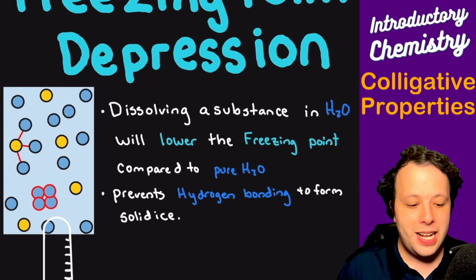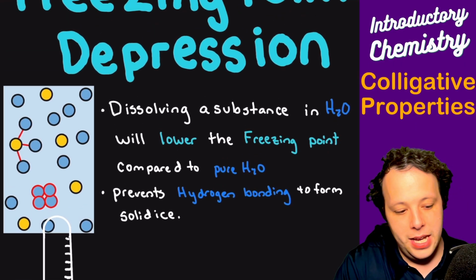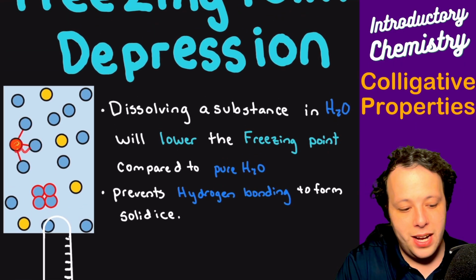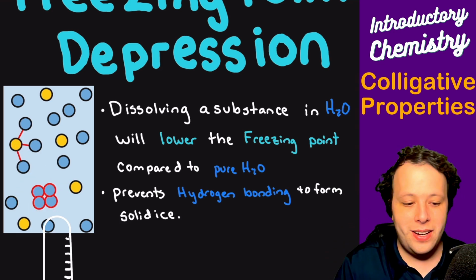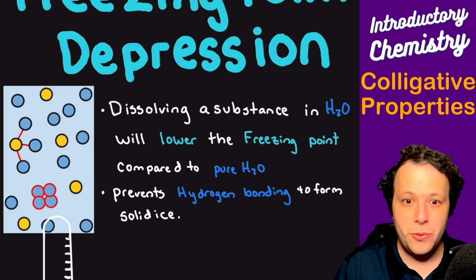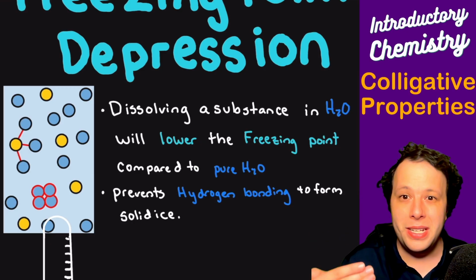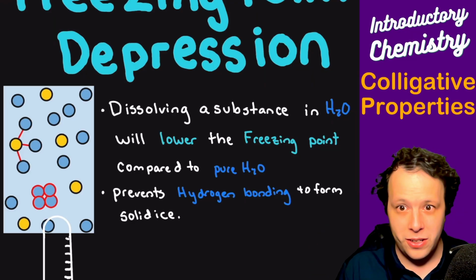Now, why does that happen? Well, when we add, let's say, a solute to the mix, it's going to prevent hydrogen bonding, where you see we have a little solid hydrogen over here as an ice cube. When you add ions, it stops it. This is why they salt roads during the winter in colder climates, because ice is a big hazard when you're driving, causing you to slip and causing crashes.